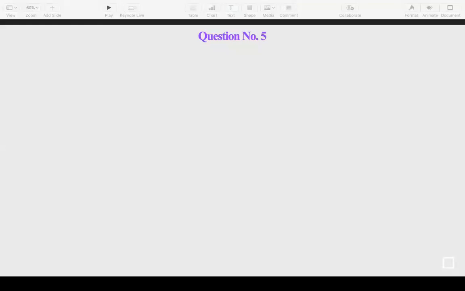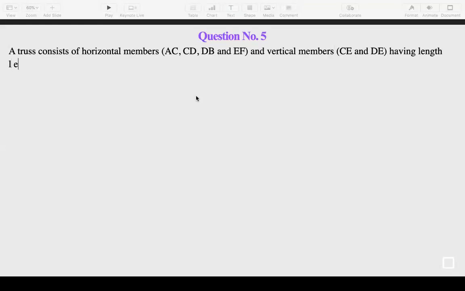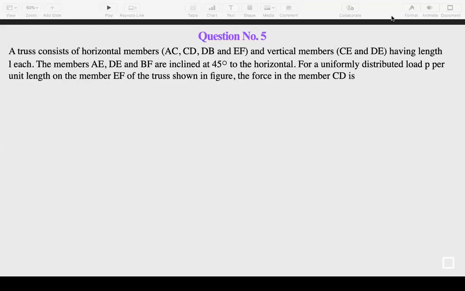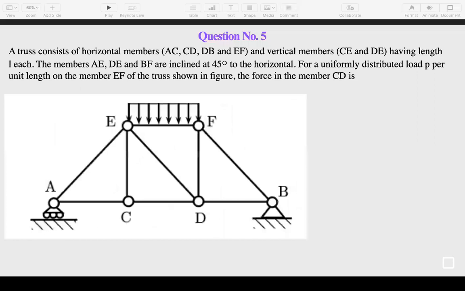This will be question number 5. Today's questions are related to the truss. The first question is related to the truss. A truss consists of horizontal members AC, CD, DB, and EF, and vertical members EC and FD, having a length of 1 meter each.